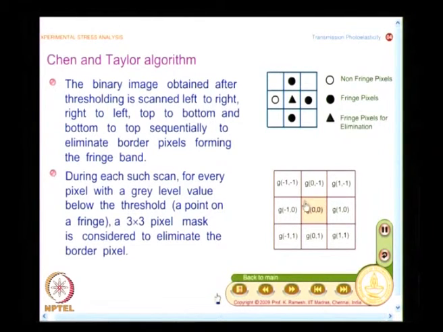And what is also given pictorially is, I want to identify with a triangle the fringe pixel for elimination in this case, and if I have a white circle, it is a non-fringe pixel. Then if I have a dark circle, I consider them as fringe pixels.